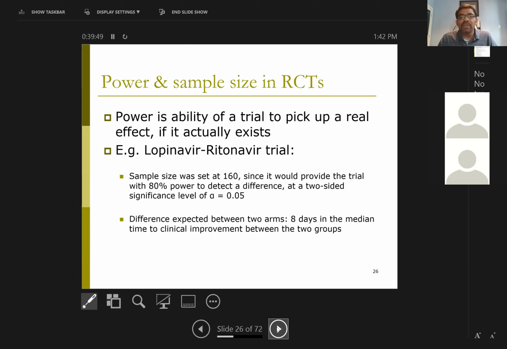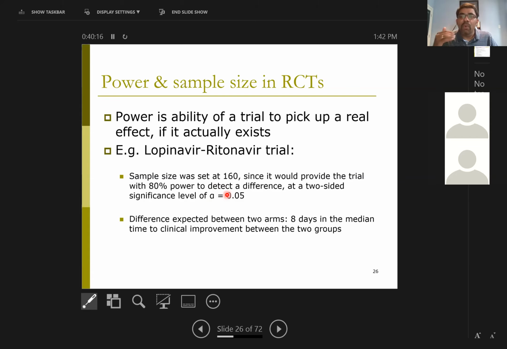So in a lopinavir-ritonavir trial, for example, the sample size was set at 160 because the trial investigator decided that would give them 80% power to detect the difference between the two arms with a p-value of 0.05, right? To pick up a significant difference between the two arms, lopinavir-ritonavir and placebo, they realized that they need 160 people in each arm of the trial, right?